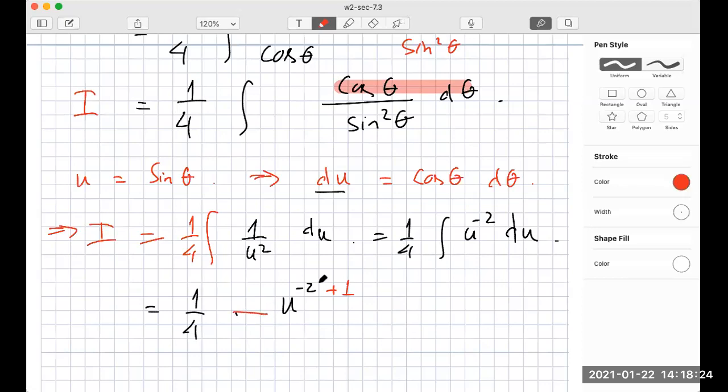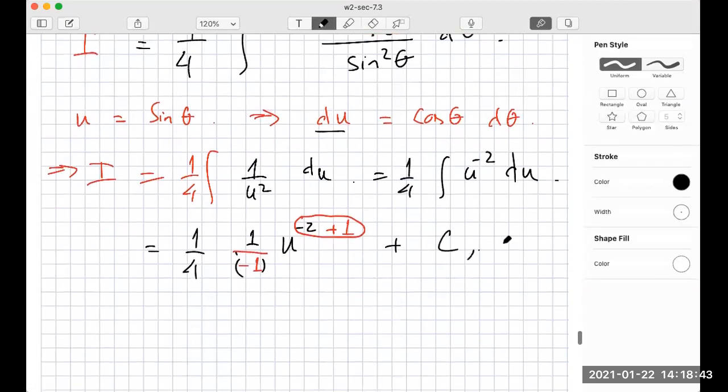And remember to multiply with a fraction whose denominator is the same as this guy, which is -1, right? And remember, it is an indefinite integral. Okay, so it will be u to the -1 over -1. Okay, very good, thank you, Alex.